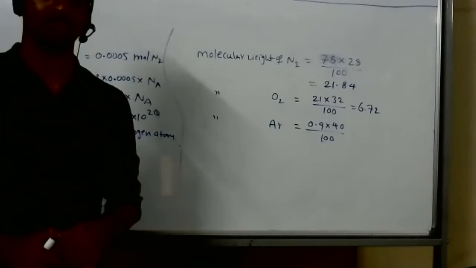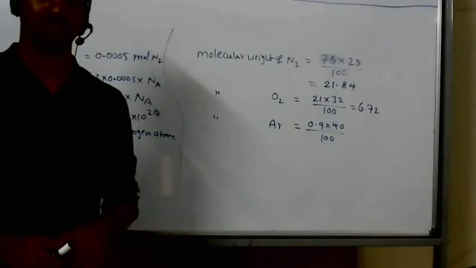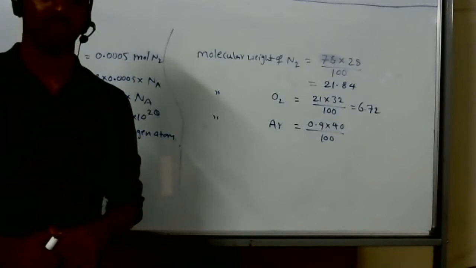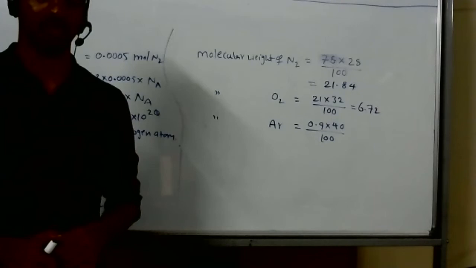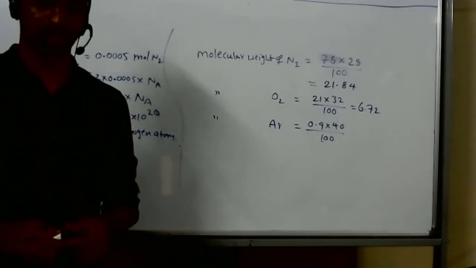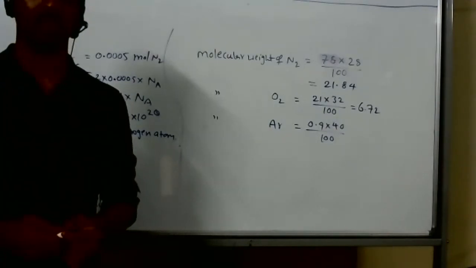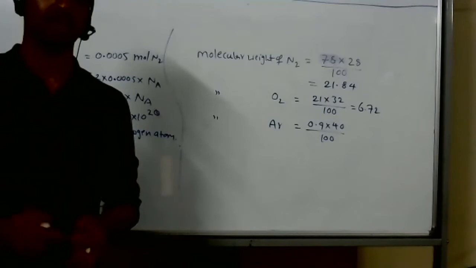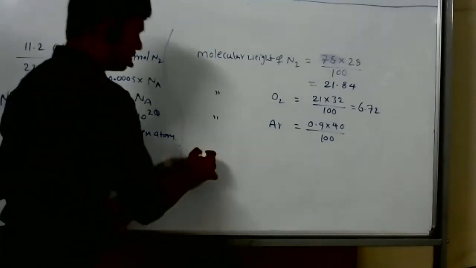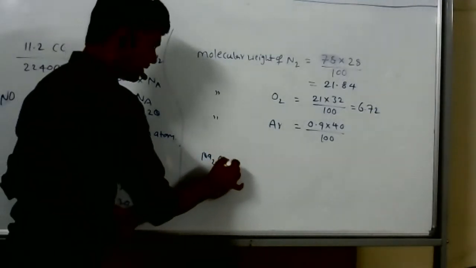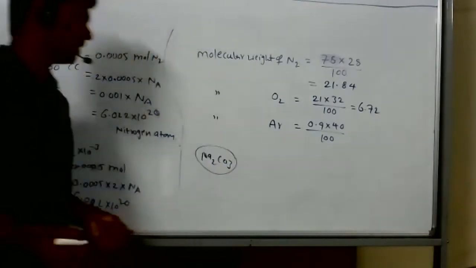There's a formula you had given, right? The percentage of the constituent is equal to the mass of the element by the total molecular mass of the compound into 100. But this is a mixture, not a compound. Suppose sodium carbonate, what is the percentage of carbon in Na2CO3?